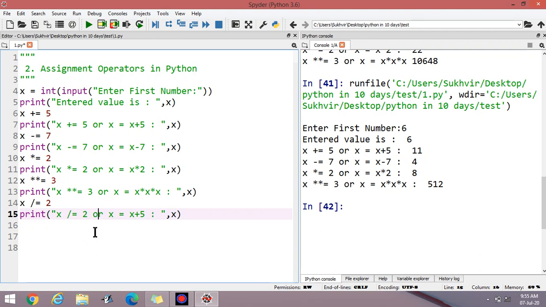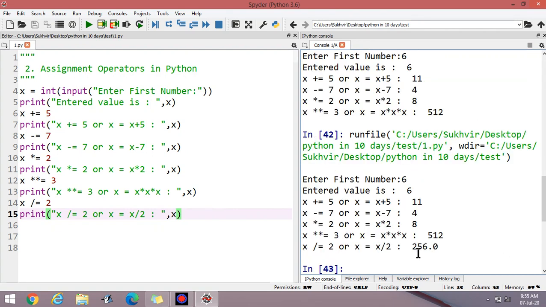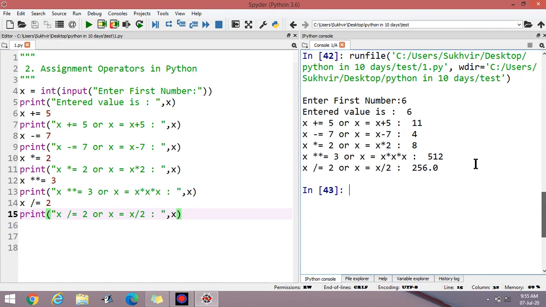It means x is equal to x divided by 2, means half of the output. Suppose I write again 6 here. Now the value is 6 plus 5, 11, then 11 minus 7, 4, 4 into 2, 8, and 8 raised to power 3, 512, and 512 when divided by 2, it's 256.